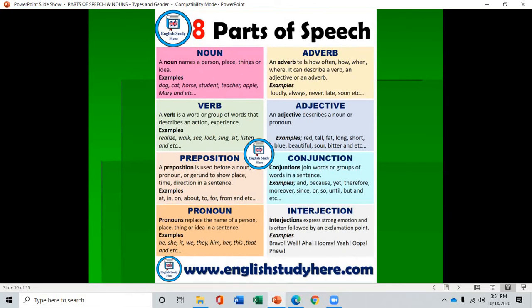For example, the cat is on the table. So, yung on doon ay example ng preposition. So, where is the cat? It's on the table.